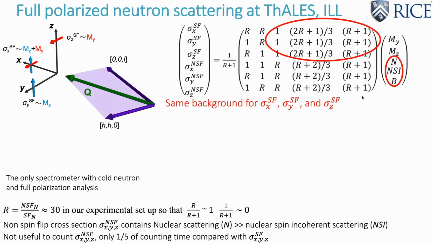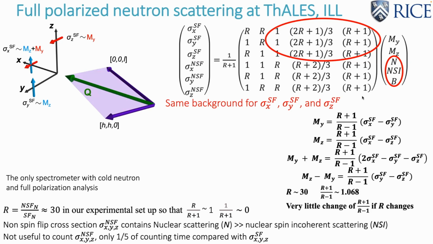You can see those last 3 terms are background for the spin-flip X, Y, and Z. They have the same background. So without changing the temperature, we can simply calculate the pure magnetic signal. The important thing is that we do not need to change the temperature.